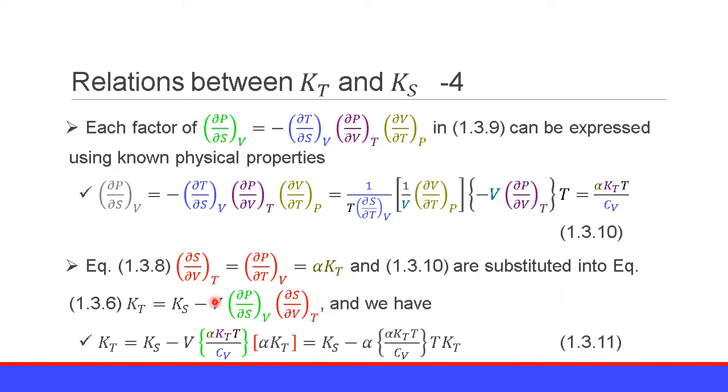Therefore, the equation 1.3.6, Kt equals Ks minus V times ∂P/∂S at V times ∂S/∂V at T, becomes Kt equals Ks minus V times alpha Kt T over Cv times alpha Kt, which is equal to Ks minus alpha squared Kt T over Cv times V Kt. Equation 1.3.11.